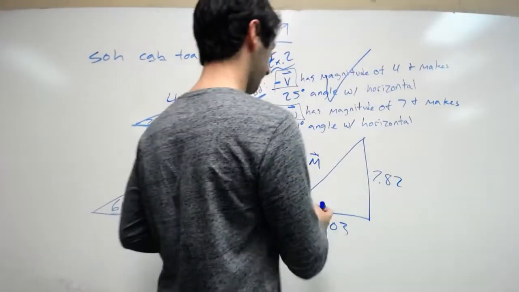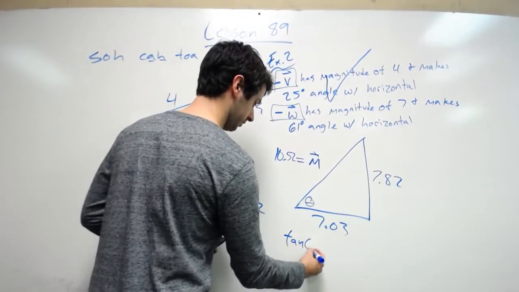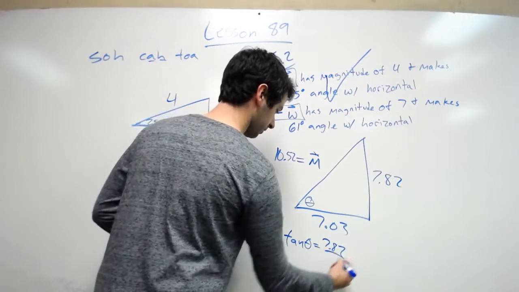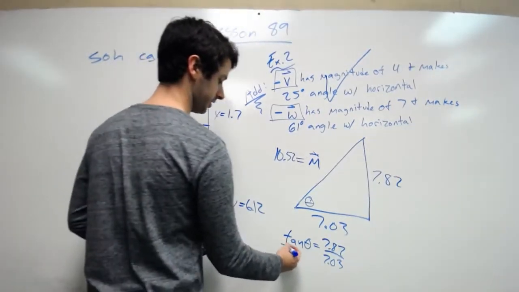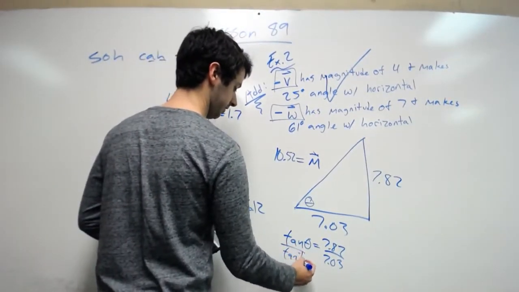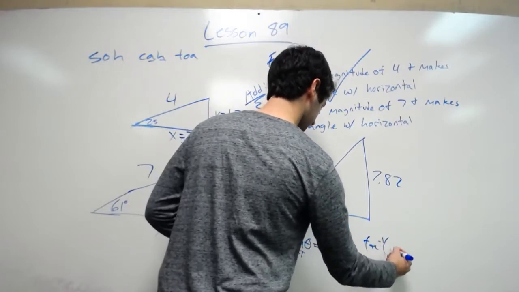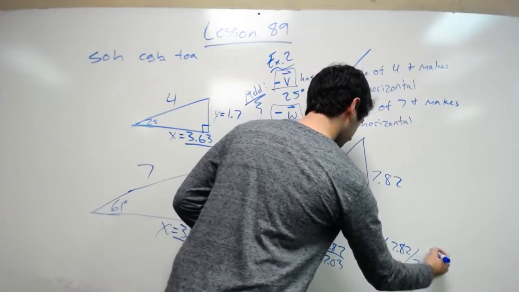To find theta, I can use tangent of theta, which equals opposite, 7.82, over adjacent, 7.03. To get theta by itself, I do inverse tangent of 7.82 divided by 7.03.